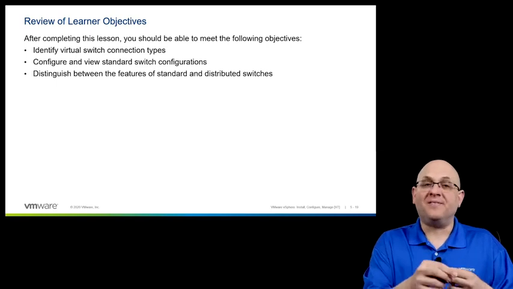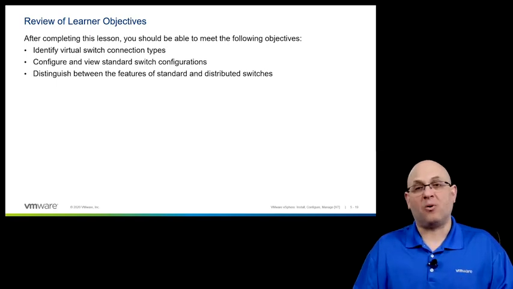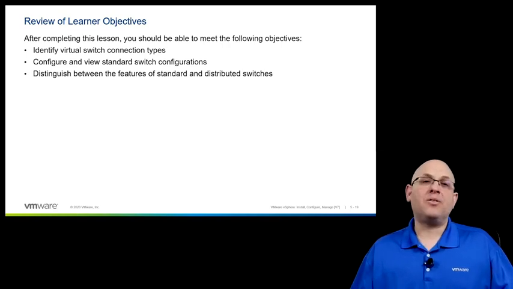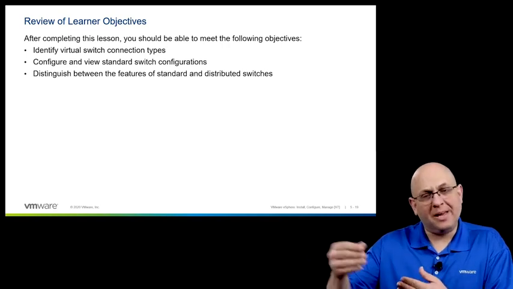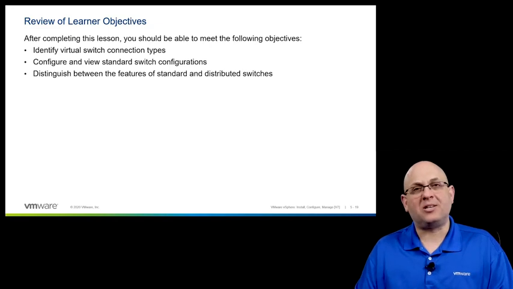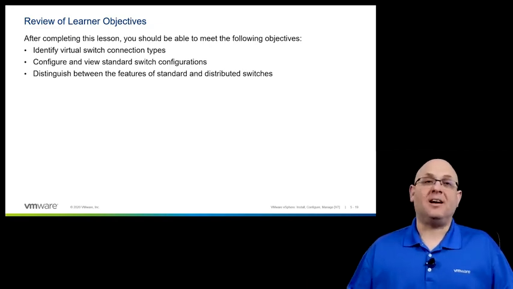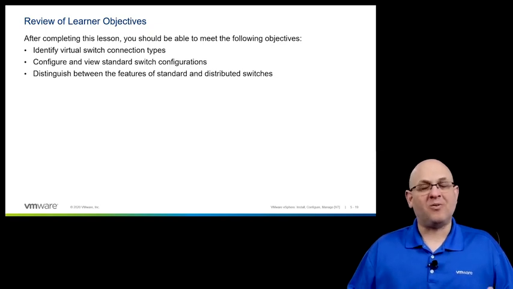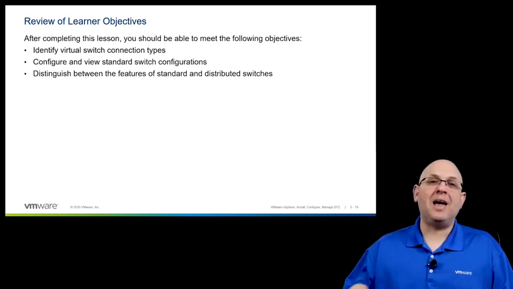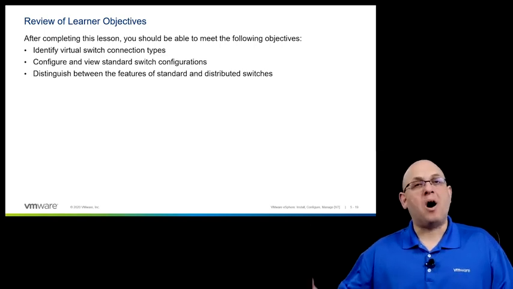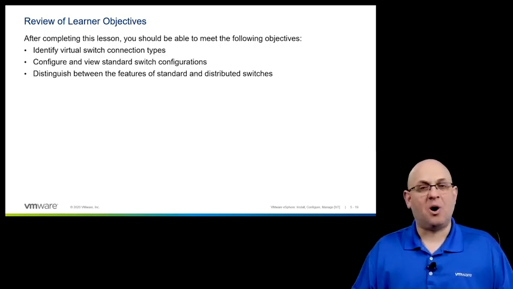We know how in the vSphere client to view that configuration of our standard switches, and we have an idea as to whether or not we want to step up a little bit into a distributed switch architecture to simplify the management, as well as to add lots and lots of features to our virtual networking to allow it to play in some of those sorts of settings where some of our more modern physical architecture has already been in place.